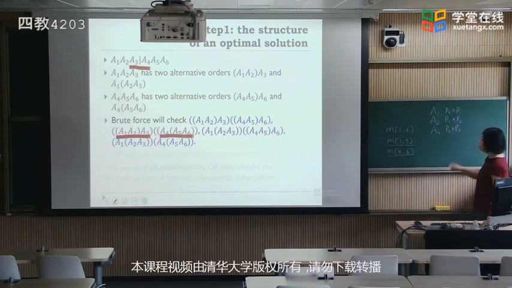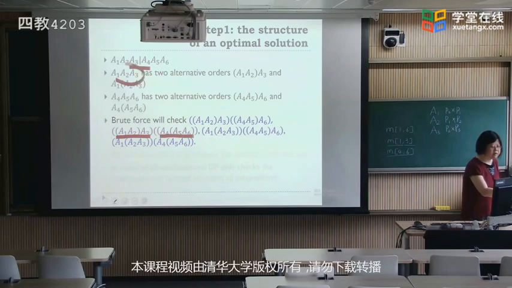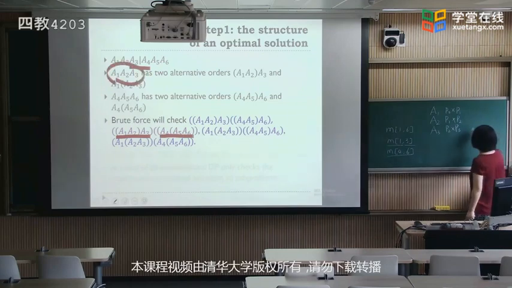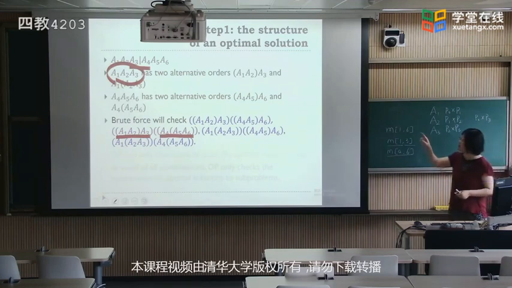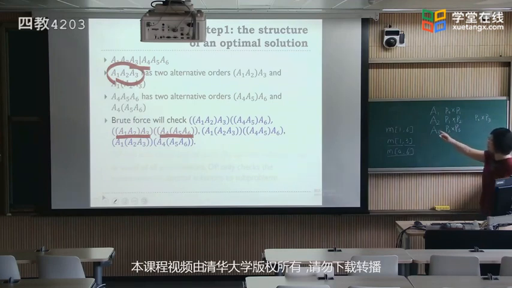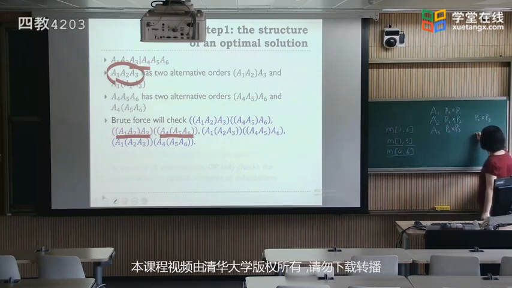So the outcome of this first subchain is a matrix of P0 by P3. And similarly, we know the outcome of the other subchain, and the result is a matrix of P3 by P6.